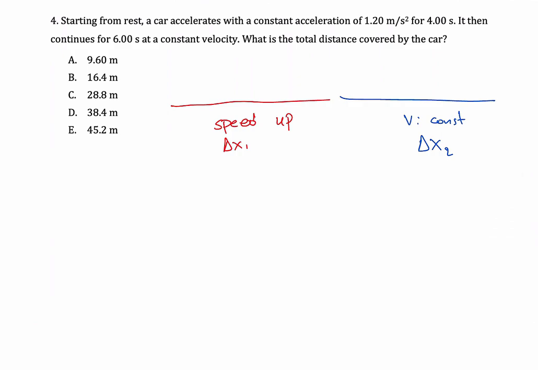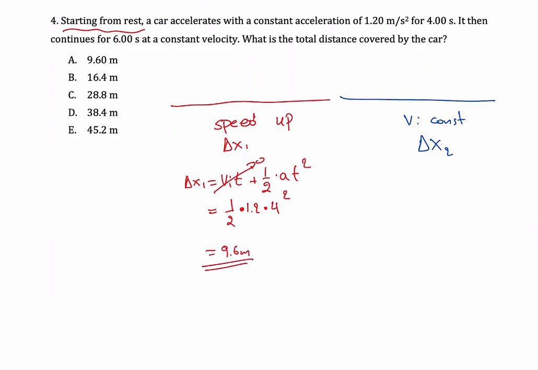Now, in order to find the first distance, we can use the expression delta x is equal to v initial t plus 1/2 at squared. The initial speed is 0 since we're starting from rest, so it is 1/2 times 1.2 times 4 to the power of 2, so 16 times 0.6, the first distance is 9.6 meters.